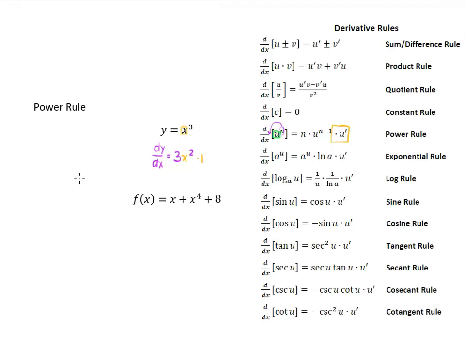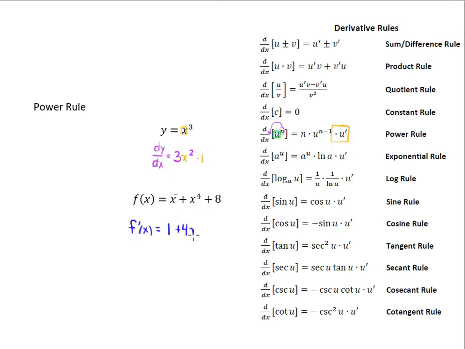So look at this example right here. Overall, this is a sum difference rule, but the sum difference rule says I can take the derivative of each of these separately. So we've got f of x, so the derivative of that is f prime of x. The derivative of this first term, x, is just 1. The derivative of x to the 4th, this is a power rule, so I bring the 4 down.